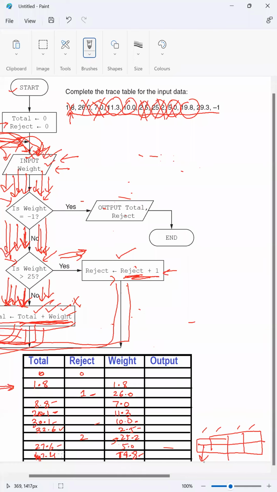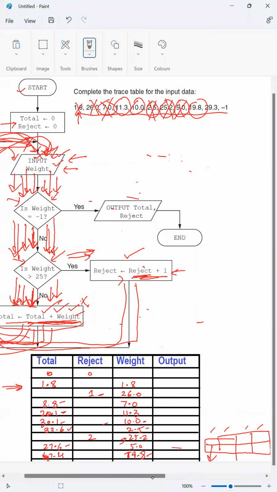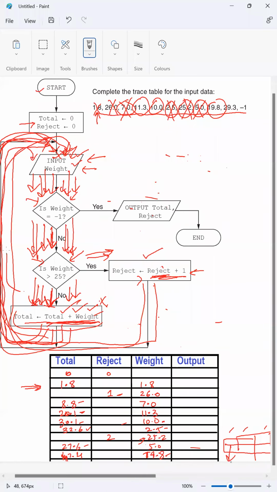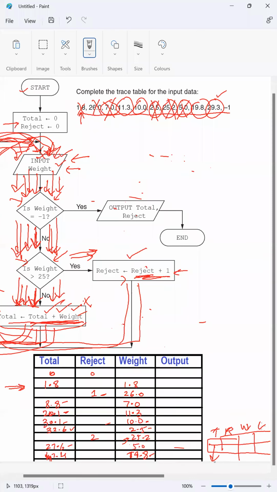So once we've updated the total here, we're going to go back up and take the next input. What is the next input value? That is 29.3. So where's this? This column is for weight, right? This was for reject, and this was for total, and this right here is for output, right?